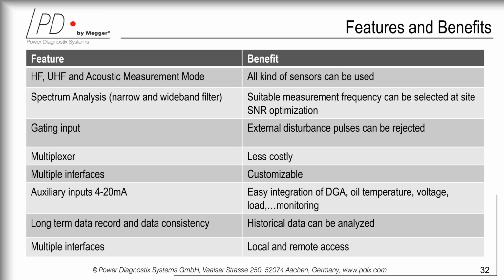We have a multiplex type device, which obviously makes it more cost effective. And we have a variety of interfaces. Also, the auxiliary 20 milliamp inputs can integrate our device with VGA, with oil temperature, voltage, and then all the information can actually be shipped out via our LAN interfaces, via 61850.